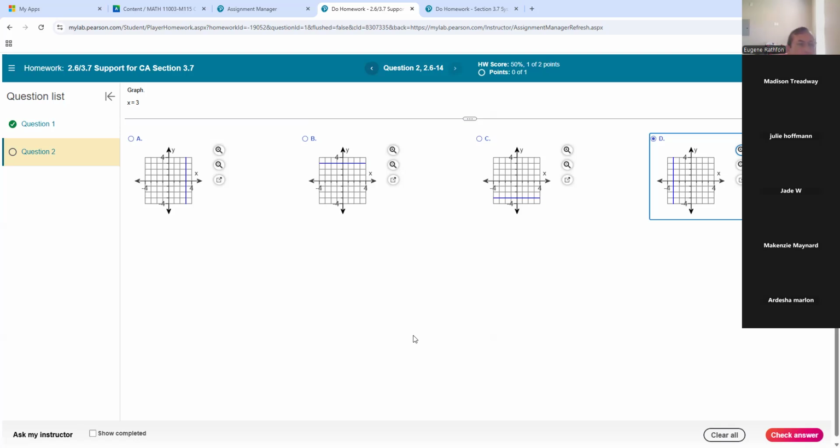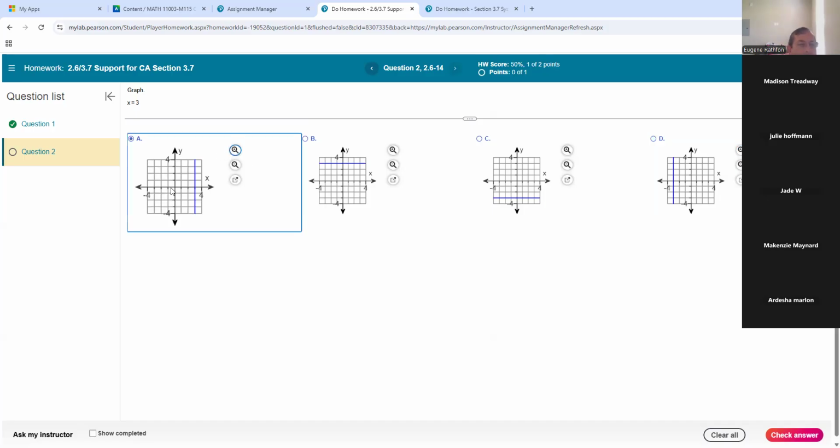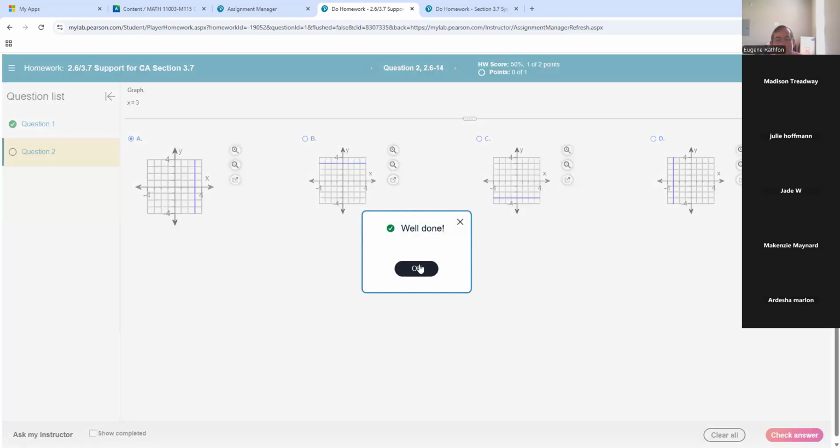What are y'all saying? A? Let's see. Let me pull A up. Yeah, right. Because remember, X equals a number is a vertical line. So you would go to 3 on the X-axis and then go up or down and pick your second point. Oh yeah, that's perfect, y'all. Good job.